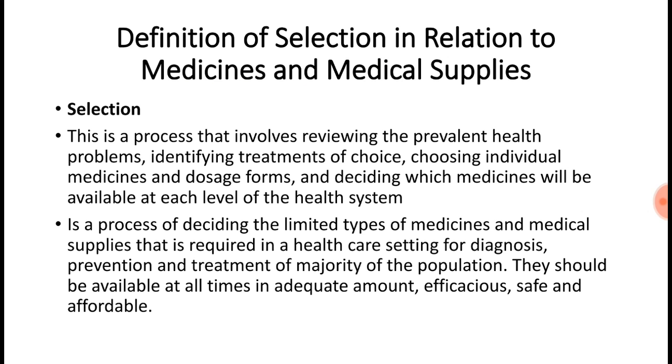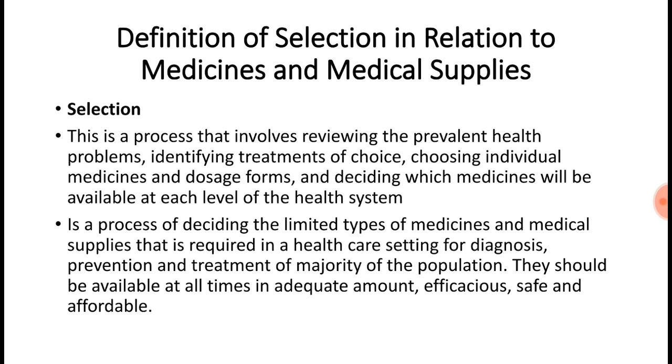Selection ni process, ni mchakato ambao unahusisha kuangalia ni maradhi gani ambayo ni prevalent kwenye jamii yetu, the prevalent health problems, yale matatizo ya kiafya ambayo yanatuathiri kwa kiasi kikubwa in our society or in our areas, and also to identify treatment of choice.